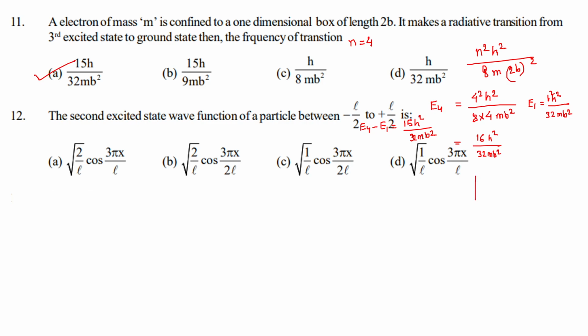So for a particle in a box for which the walls are at x equal to 0 to L, psi n is root over 2 by L sine n pi x by L.